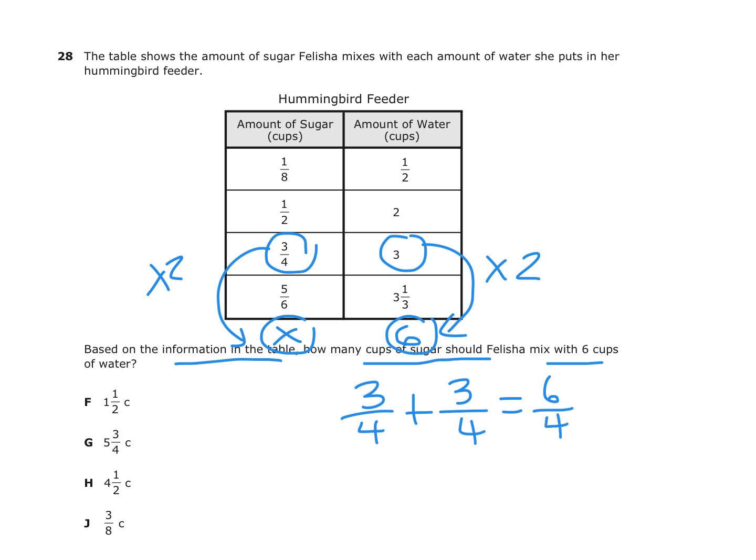So I have 6/4, which is 3/2, and if you simplify 3/2, that's 1 1/2. So in this case, the answer is F. We need 1 1/2 cups of sugar for the 6 cups of water that is being asked in this question.